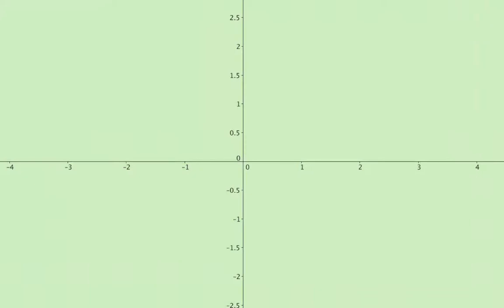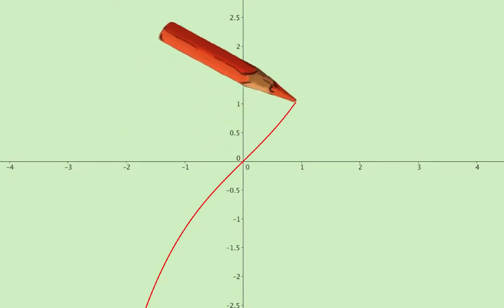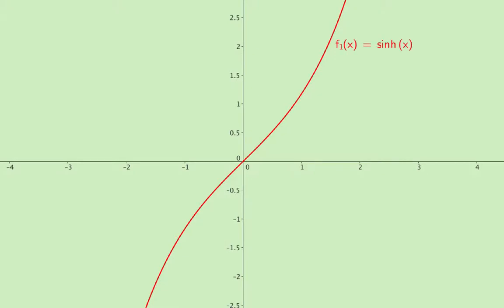Let us now look at the plots of the hyperbolic functions. Here is hyperbolic sine. You can see it comes up from minus infinity, is 0, and then goes off to plus infinity. Hyperbolic sine of x is clearly an odd function. Now let us look at hyperbolic cosine. You see that it comes in from plus infinity.